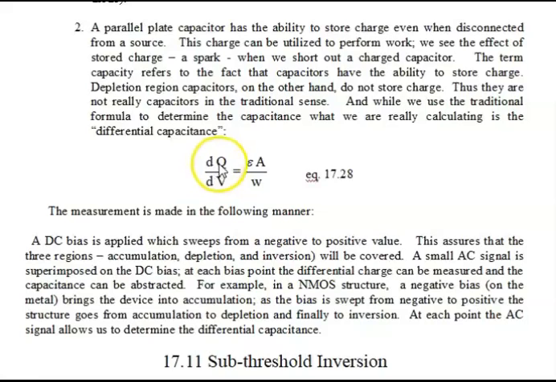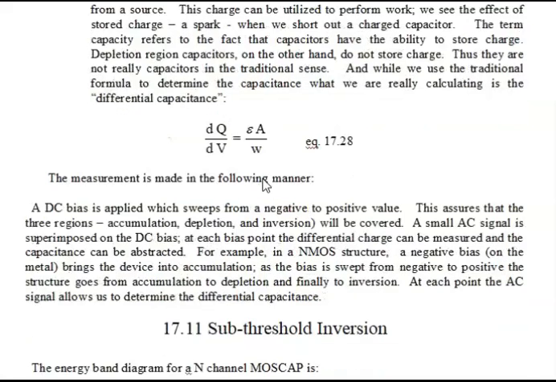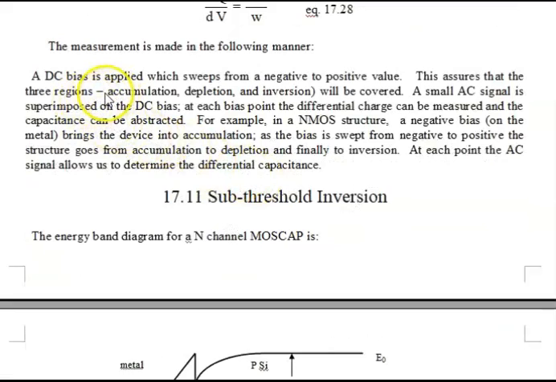And of course, Q is equal to CV, so dQ/dV is equal to this differential capacitance. We change the voltage a little bit. We look at how much charge is added or subtracted, and that is represented by a little bit of a change, W plus delta W, in the depletion width. And that is indicated here.